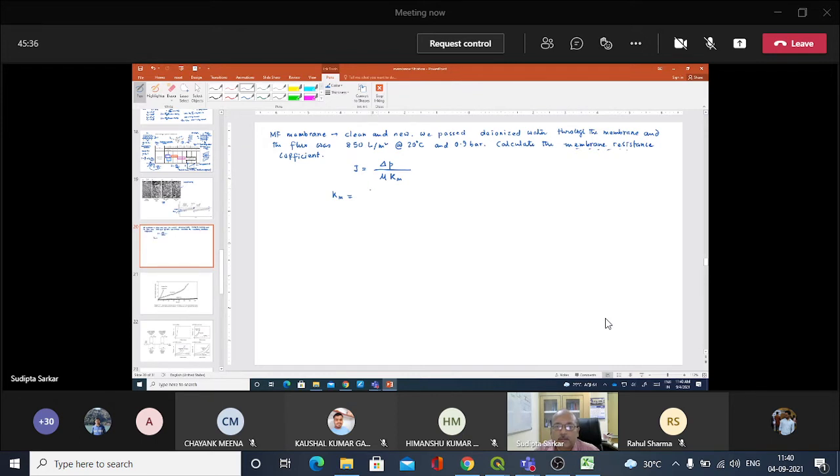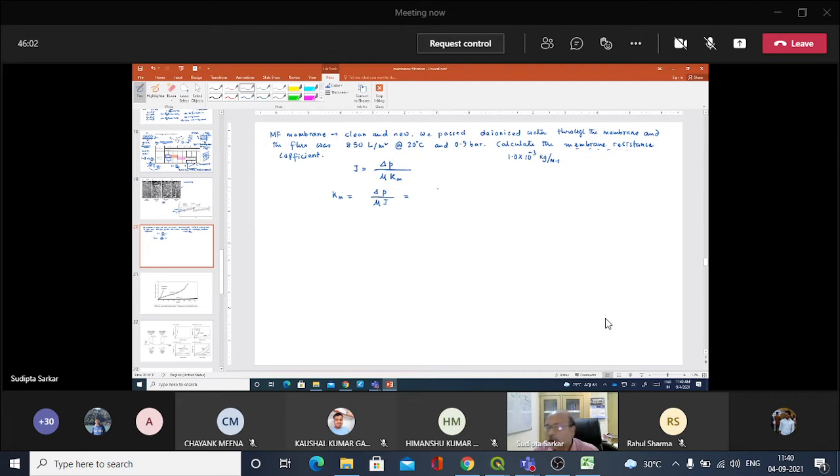So that means you have Km equals delta P divided by mu times J. Let us take mu as 1 into 10 to the minus 3 kg per meter per second, and write the numbers.